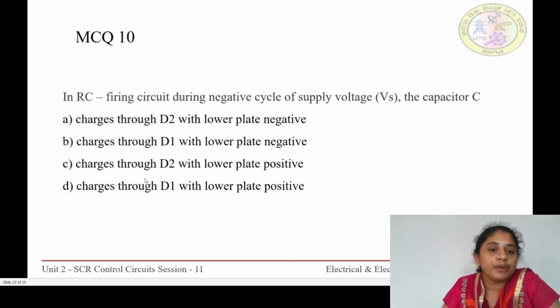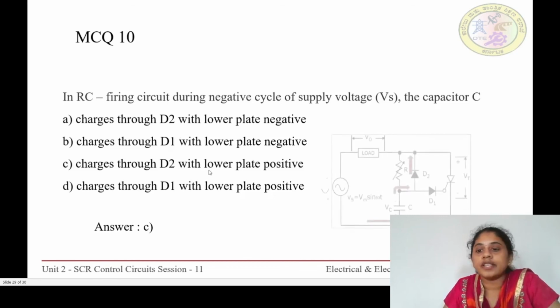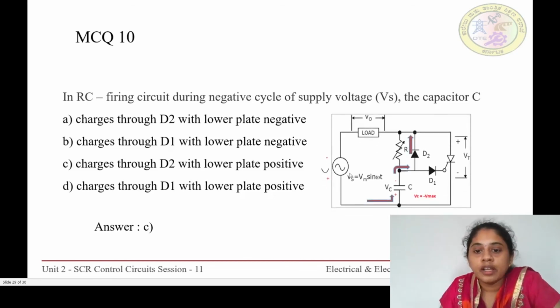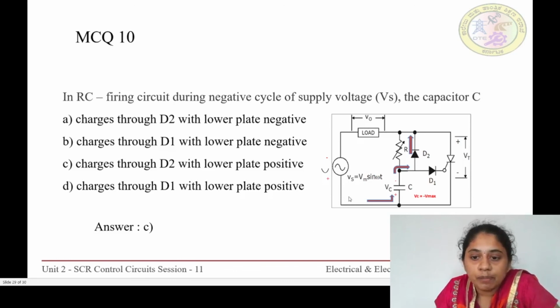Yes, I hope you guessed it. It charges through diode D2 with lower plate positive. You can see the circuit here. During the negative half cycle of the supply, the capacitor charges with lower plate positive via diode D2.